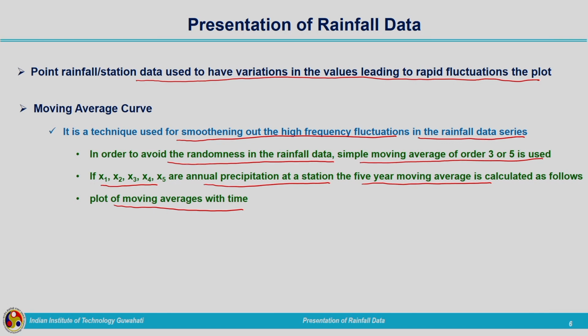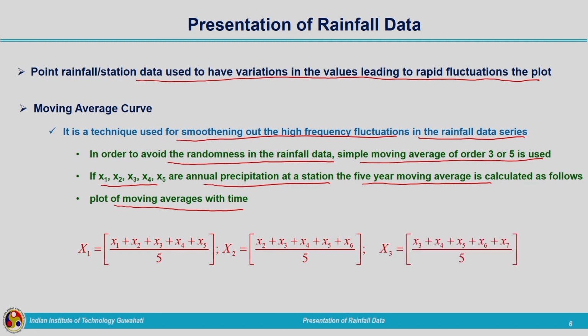How can these moving averages be calculated? The first moving average can be calculated from the first 5 annual series data points: x1 plus x2 plus x3 plus x4 plus x5 divided by 5. In a similar way, the second moving average will be the summation from x2 to x6 divided by 5, and corresponding to the third data point it will be from x3 to x7 divided by 5.